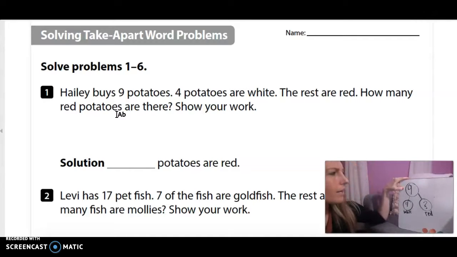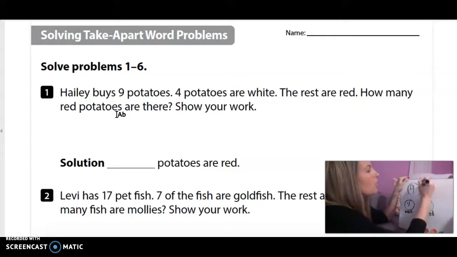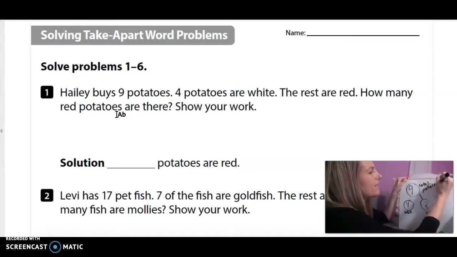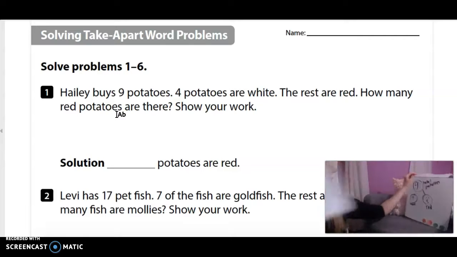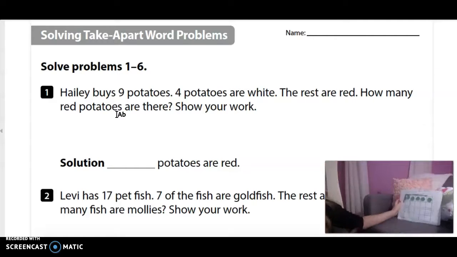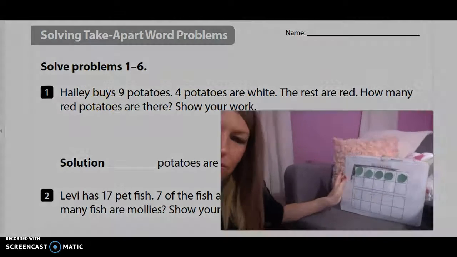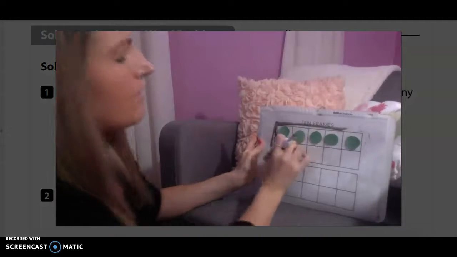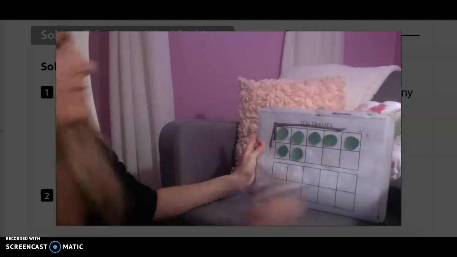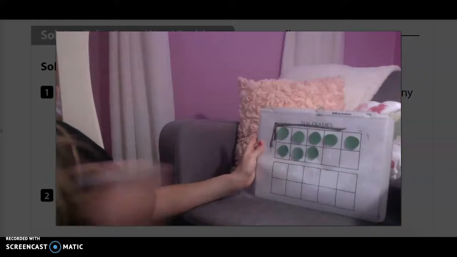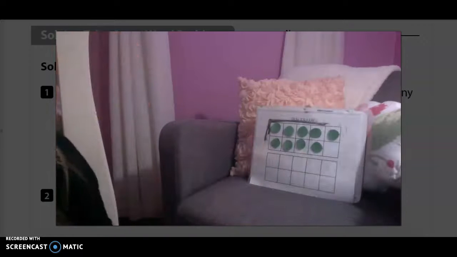Here's our big number. We've got 9. That's how many total potatoes there are. There are 9 total potatoes. 4 of those potatoes are white, the rest are red. Well, we took the 9 and we broke it apart. So, I'm going to start with the 9. We've got 9 potatoes. Got it.